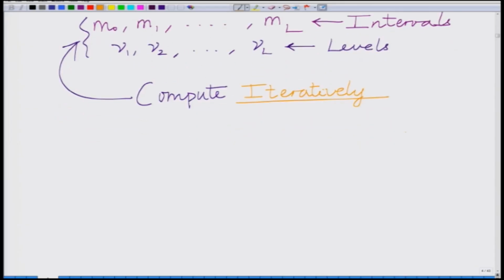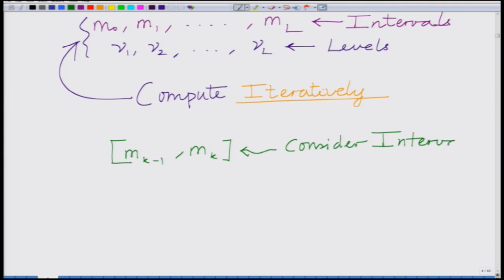Okay. So, let us consider this quantization interval.